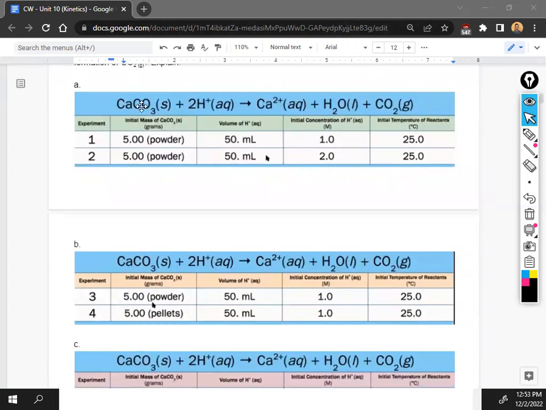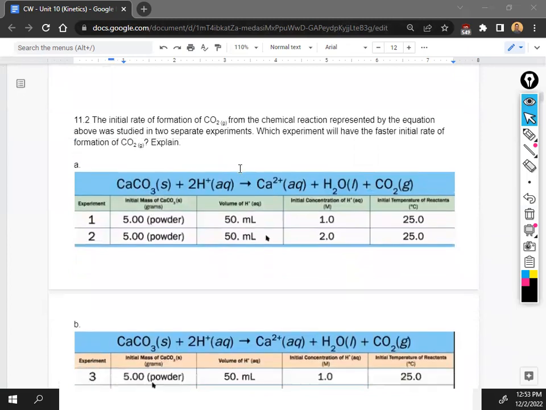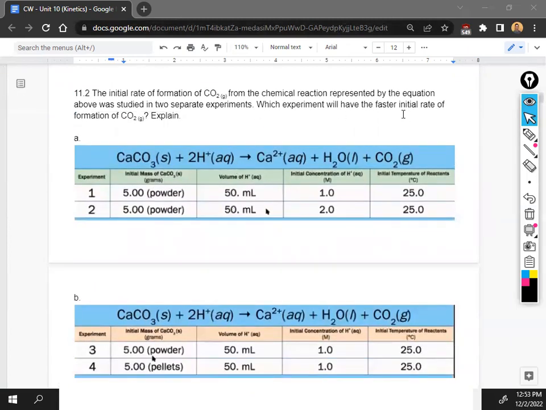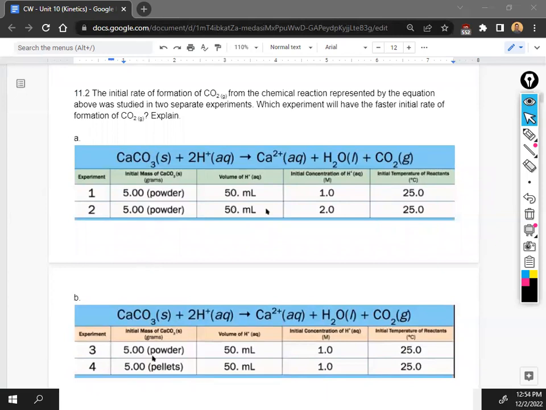I want you to go through all 3 sets and answer the question of which one you think will have the faster initial rate of formation of CO2. Take a look at these charts. See if you can interpret the data on this table. Then write your responses for A, B, and C, and we'll go over them really briefly, and then we'll move on to the next section. Take about 3 minutes to do that.